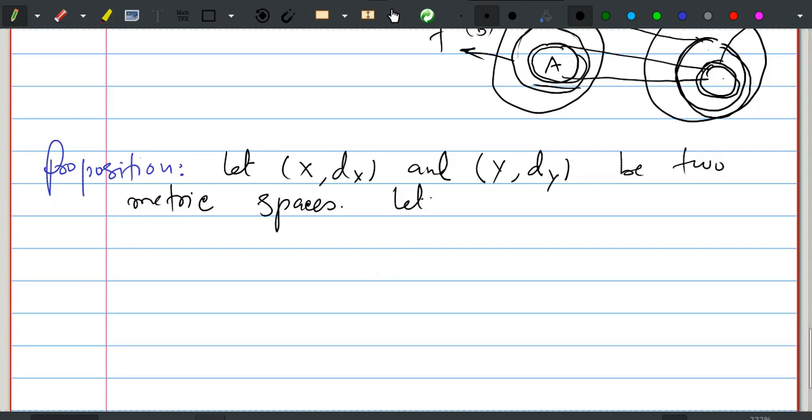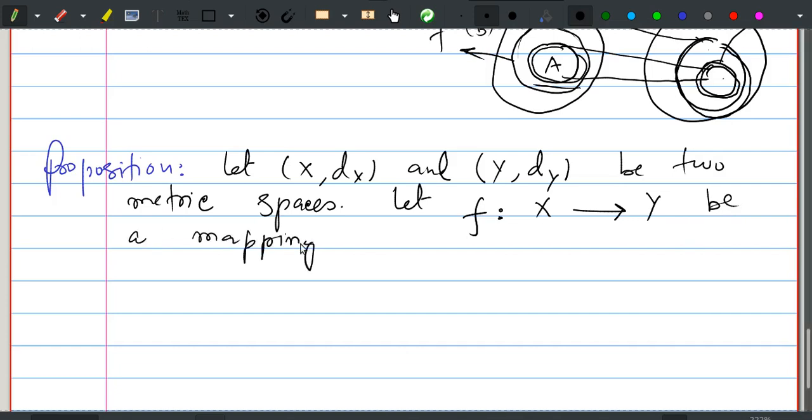Let f from X to Y be a mapping which is continuous.